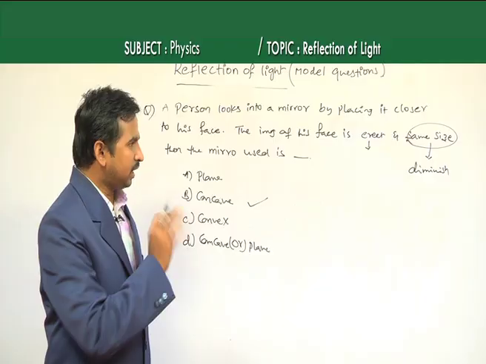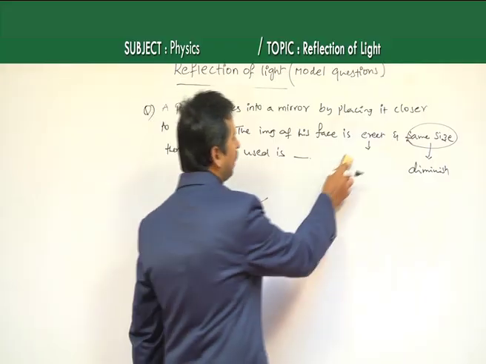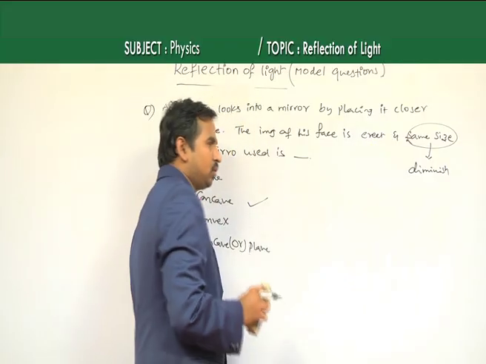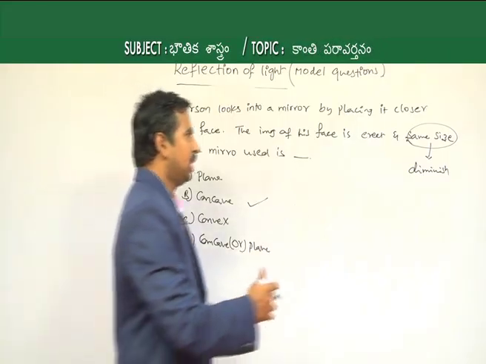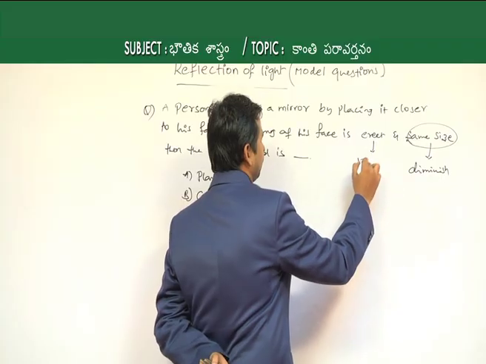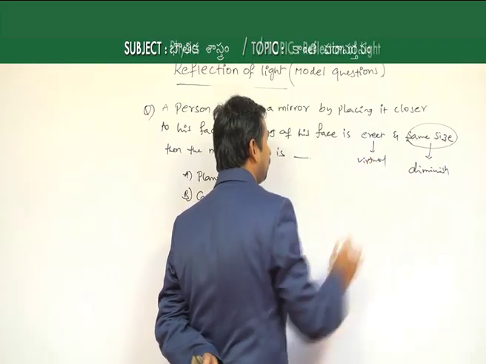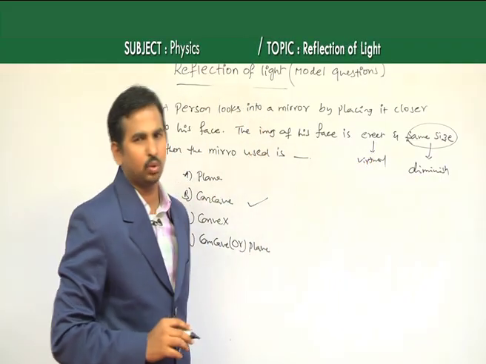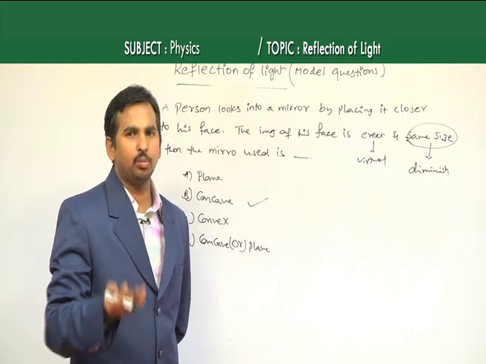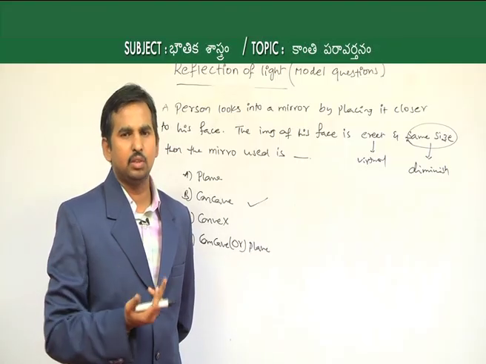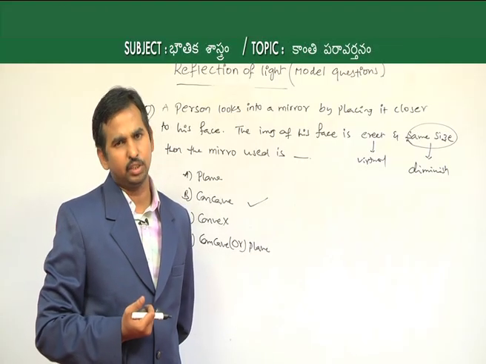But here the given option is erect and diminished. Erect means nothing but virtual. But whenever a concave mirror forms a diminished image, that is always a real image only.